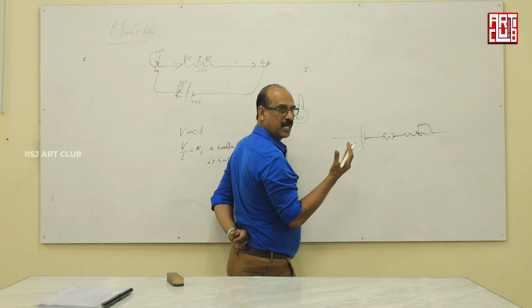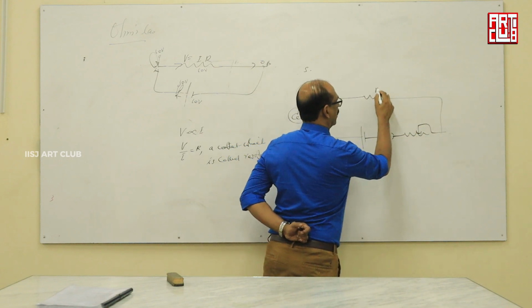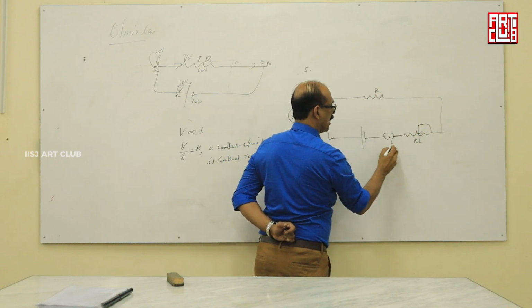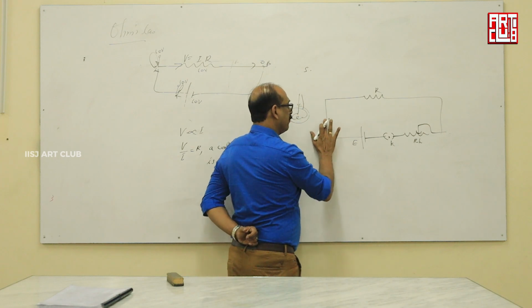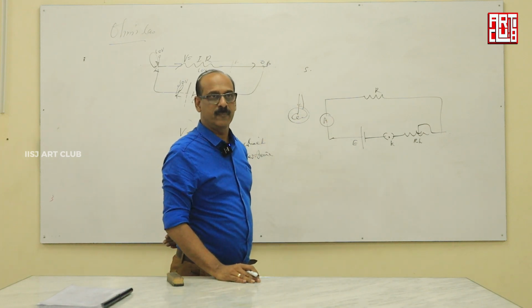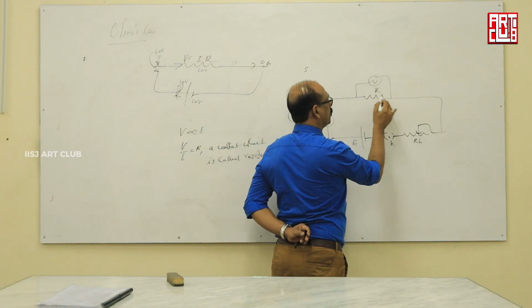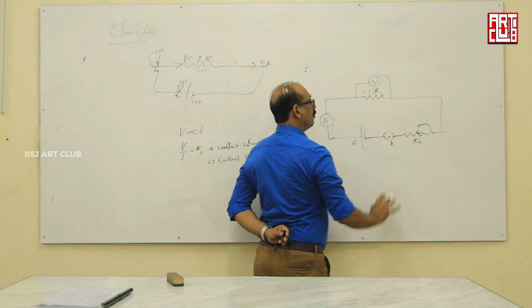You might have seen a rheostat, right? Yeah. And this is connected to a load resistance R. So this is the rheostat, this is the key, this is the cell. Here we use an ammeter, which helps you to measure the current. In practical you will do this. And this is a voltmeter that will help you to measure the voltage drop here.